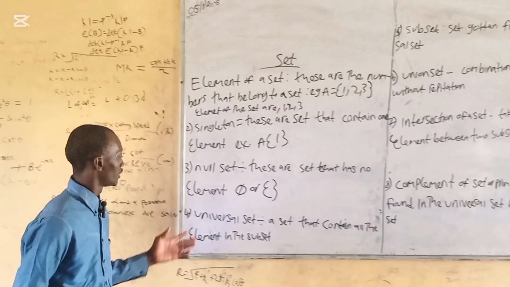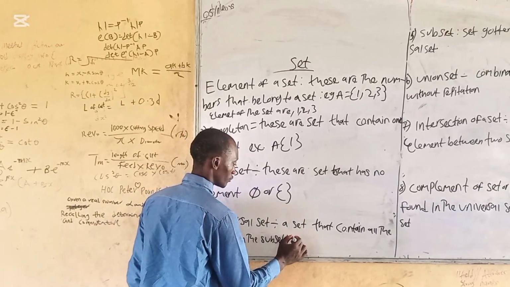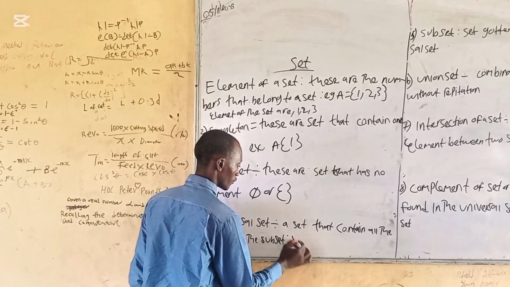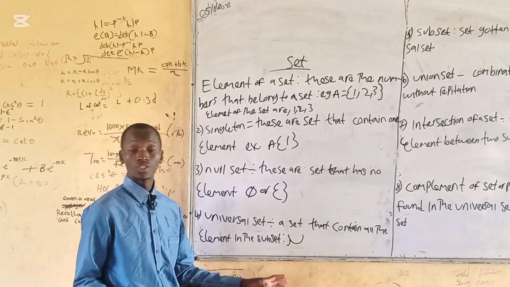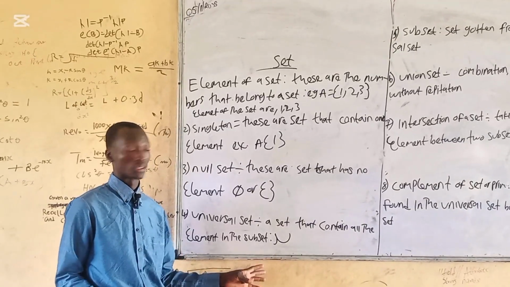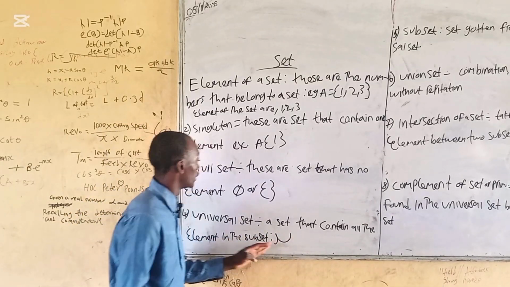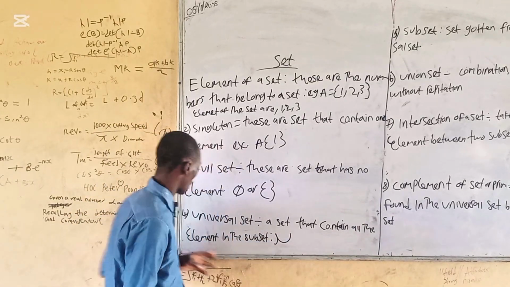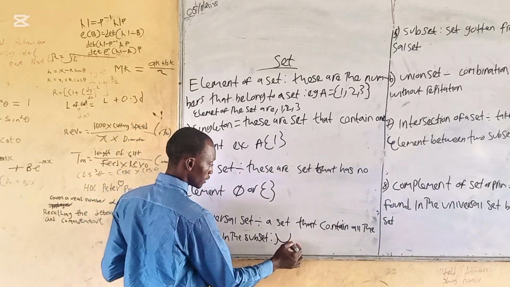Now, see, a universal set is denoted like this. Many people use different signs to denote it, but it's denoted something like this. There is a set that contains all the elements in the subsets.